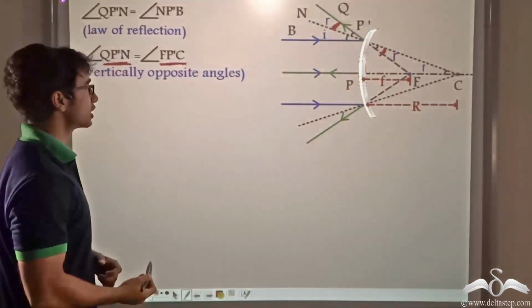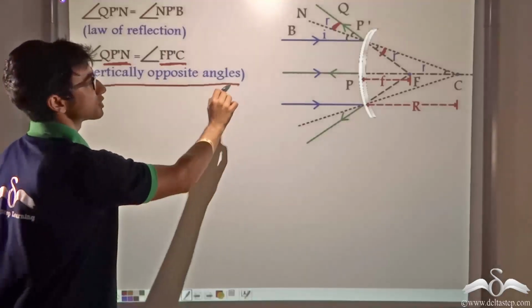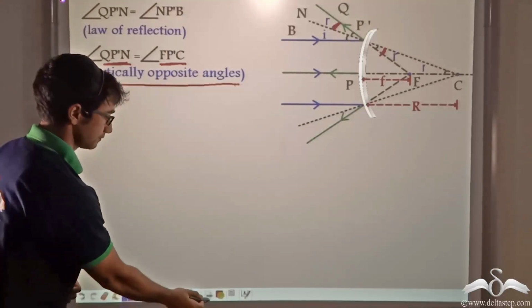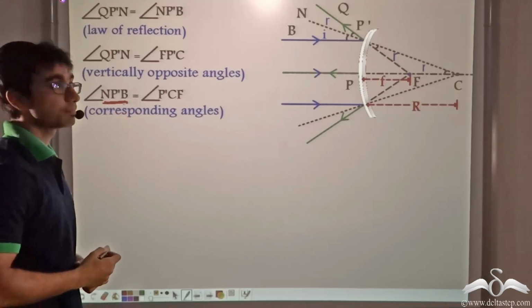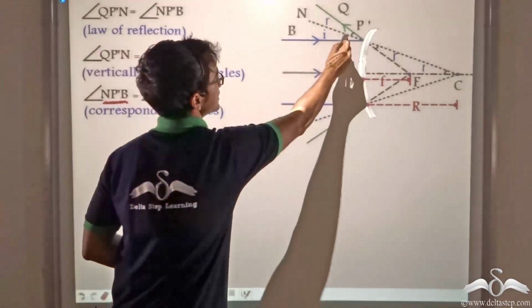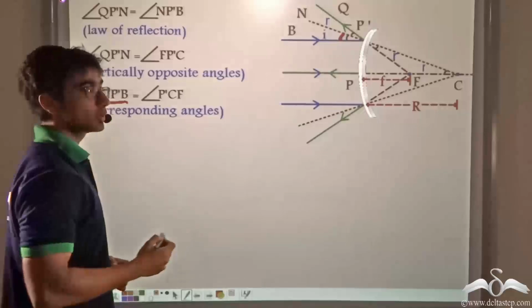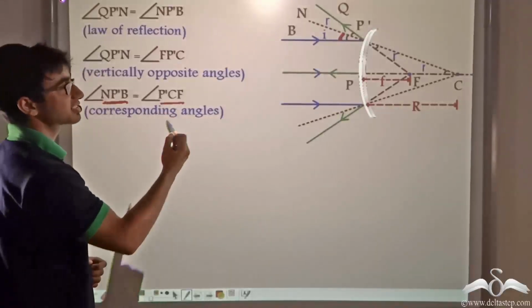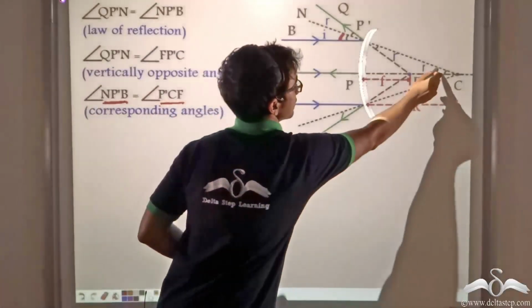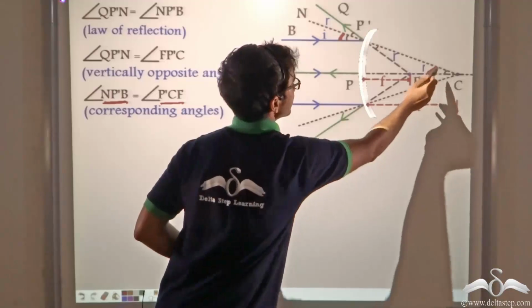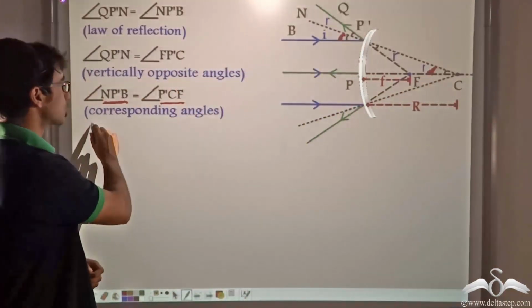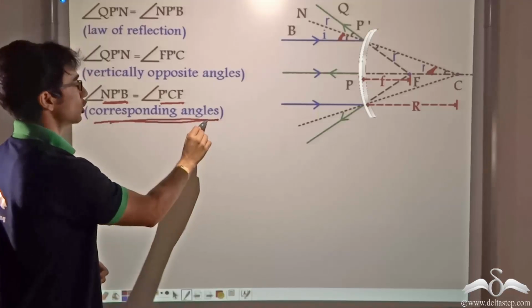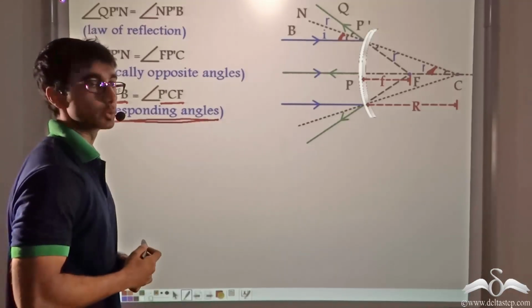Why? Because they are vertically opposite angles. Also, angle NP dashed B, that is this angle, is equal to angle P dashed CF, that is this angle. This angle is equal to this angle. Why? Because they are corresponding angles, and corresponding angles are always equal.